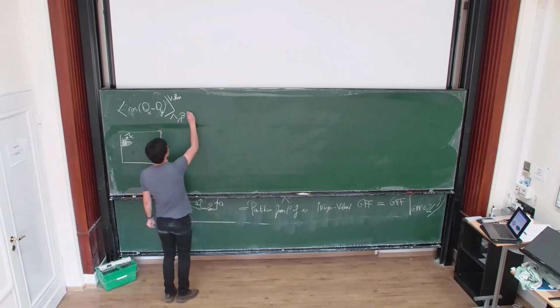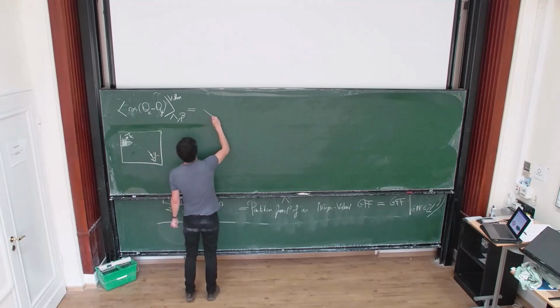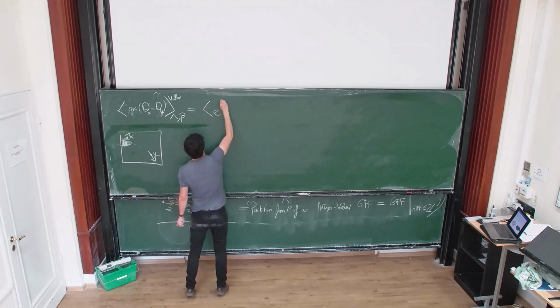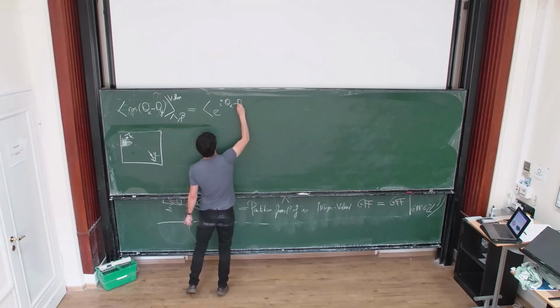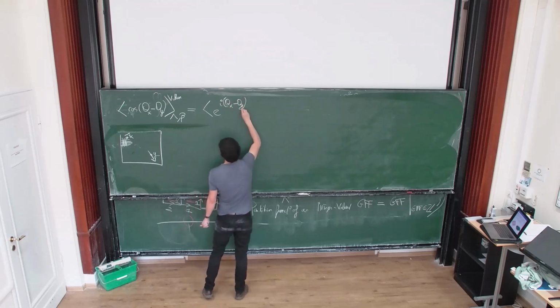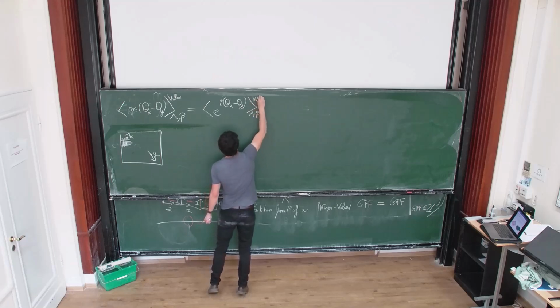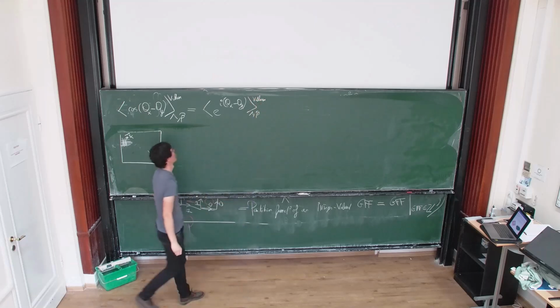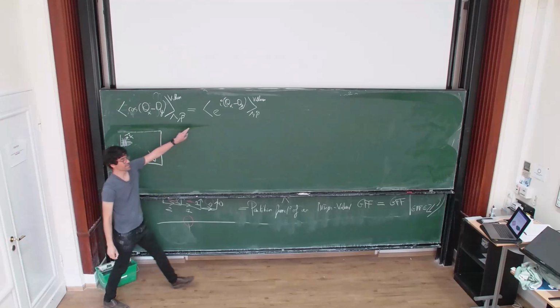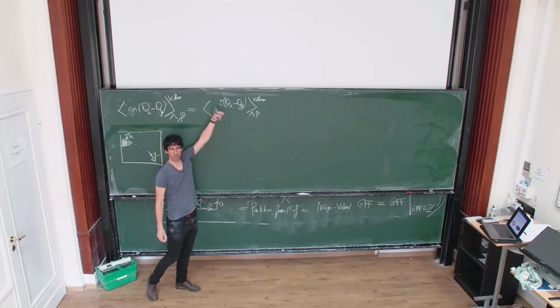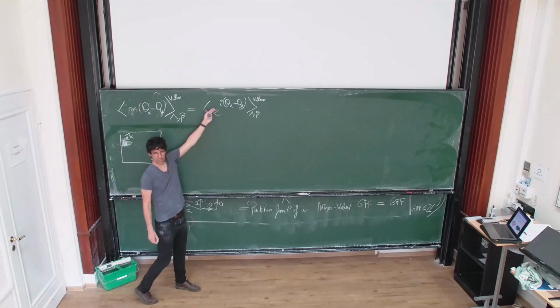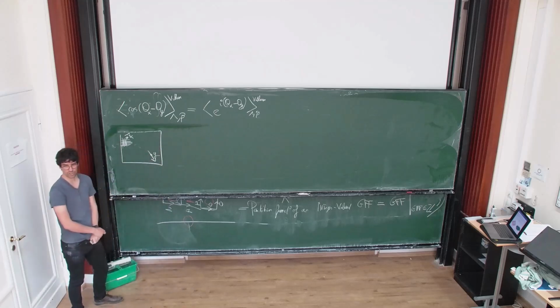So this is the same as e to the i (theta x minus theta y). That's a tiny observation, but it's sort of important. Why? Because by symmetry, the theta field has the same law as minus the theta field. So I can rewrite my two-point function in this way here.